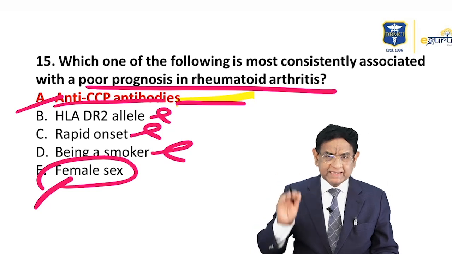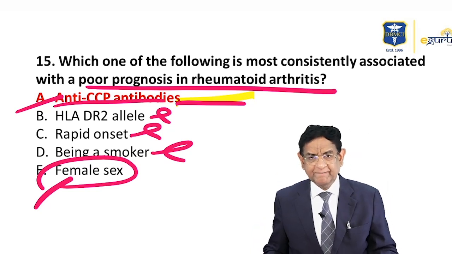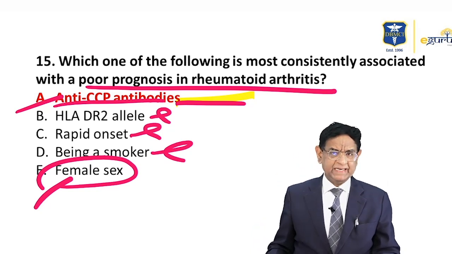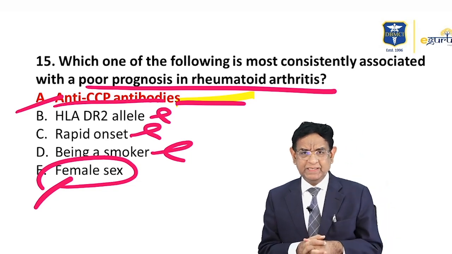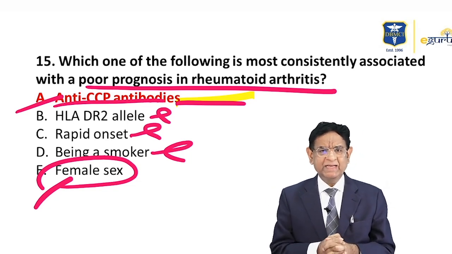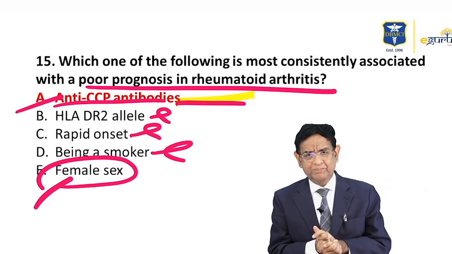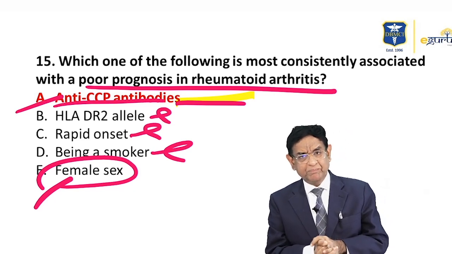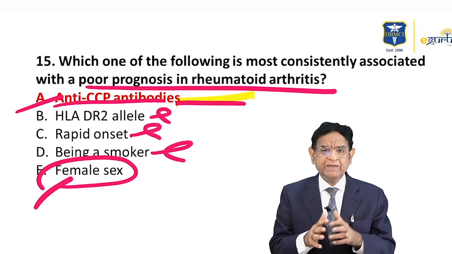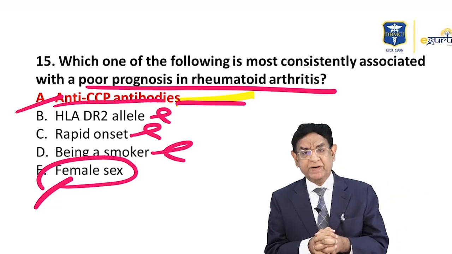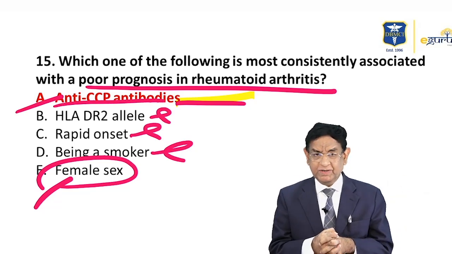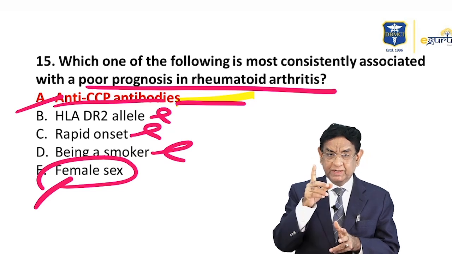If you read the NICE guidelines again, it usually says that females have a bit poorer prognosis. But anti-CCP presence is a far better criterion of poor prognosis.